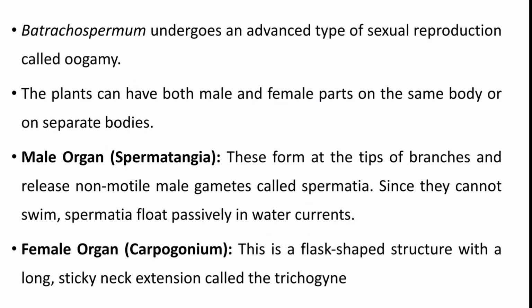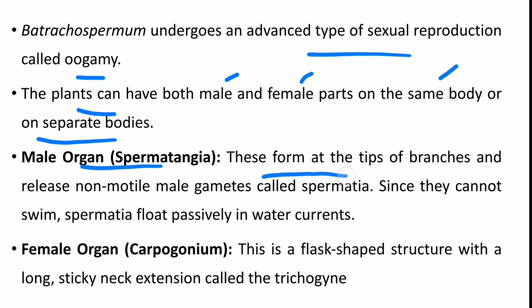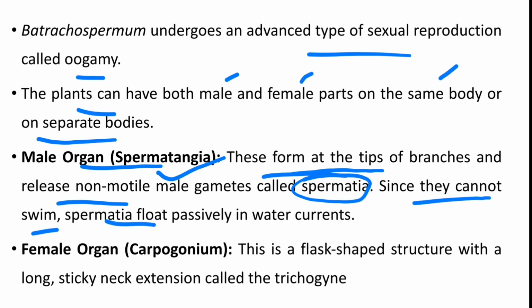Batrachospermum undergoes an advanced type of sexual reproduction called oogamy. Both male and female parts can be on the same thallus, or on separate thalli. The male sex organ is called spermatangia. These are formed at the tip of the branches and release non-motile male gametes called spermatia. Since they cannot swim on their own, they drift passively by water current near the female sex organ.